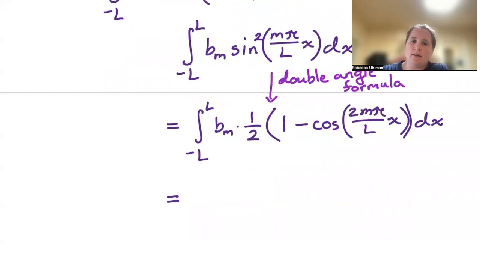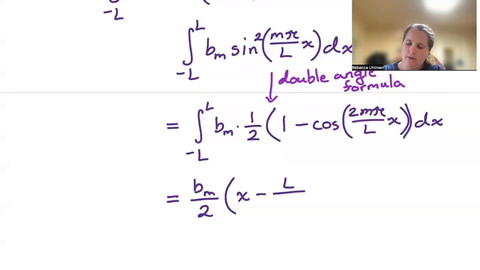Here, applying the integral, we're looking at b sub m over 2 times, we would have 1 would go to x. Negative cosine 2m pi over L x would go to a negative L over 2m pi sine of 2m pi over L x.